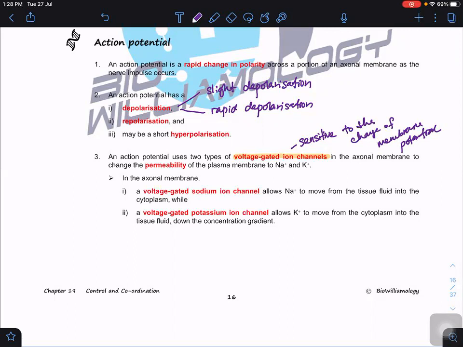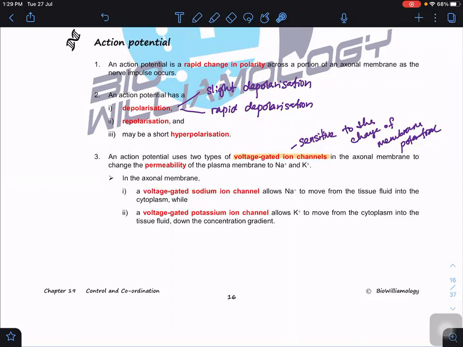They change the permeability of the plasma membrane to sodium ions and potassium ions. We have two types: the voltage gated sodium ion channel and the voltage gated potassium ion channel. Because of these channels, we are able to have this action potential.